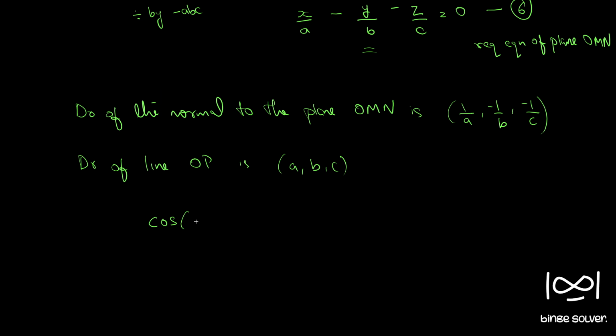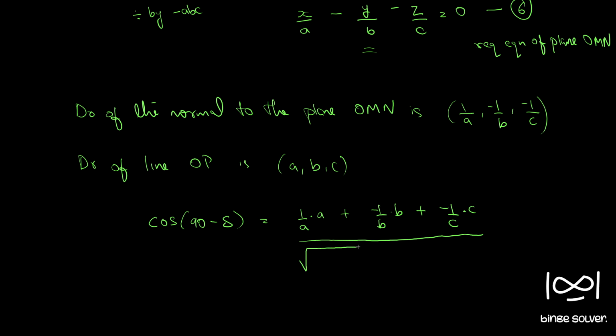So cos of the angle, as I said earlier, cos(90 minus delta), equals 1 by a into a plus minus 1 by b into b plus minus 1 by c into c. Since we have direction ratios here, we have to convert them to direction cosines. For that we divide by the root of 1 by a square plus 1 by b square plus 1 by c square, into the root of a square plus b square plus c square.